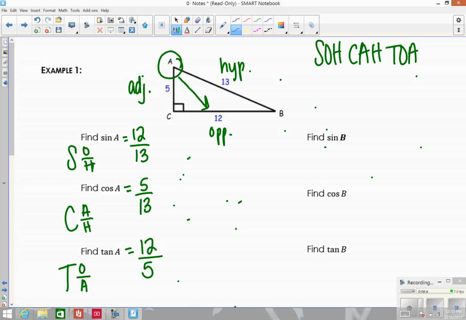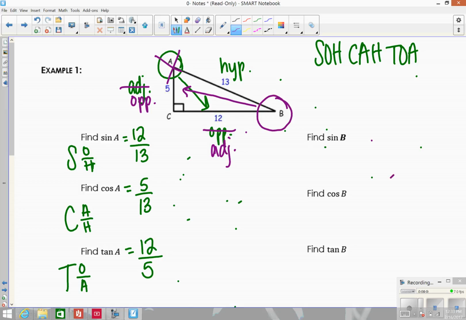Now if we switch and look at angle B as our reference angle, this is no longer my adjacent, it's actually going to be my opposite. And this is no longer the opposite, it's now going to be the adjacent. The hypotenuse will stay the same because you're not looking at the right angle. The right angle stays in place, so the hypotenuse will always be in the same spot. I'm going to cross off this angle so you know I'm looking at B, here's my opposite, here's my adjacent.